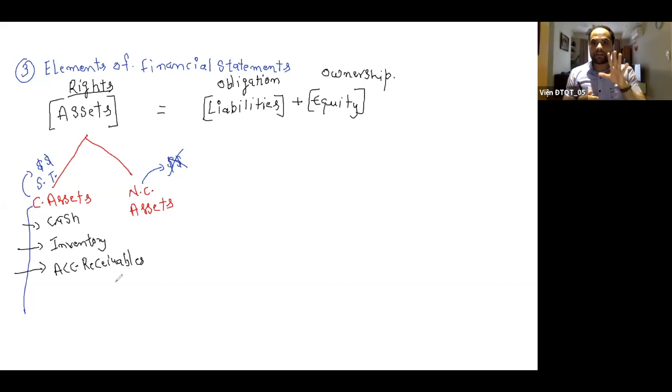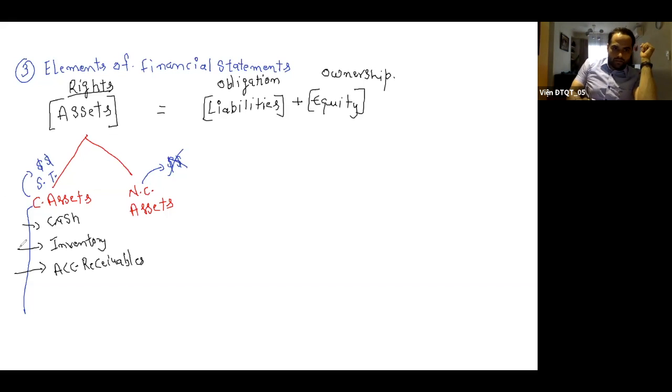So that customer will become account receivable for 3 months, and after 3 months that customer will convert into cash. All right, so account receivable are the people from whom company need to receive money. Accounts means people, receivable means receive money, so you have to receive money from those people.